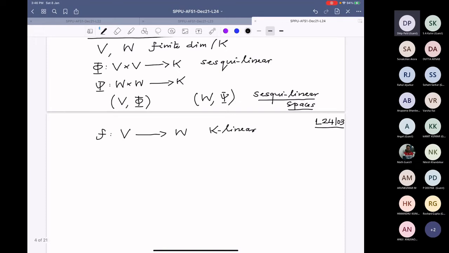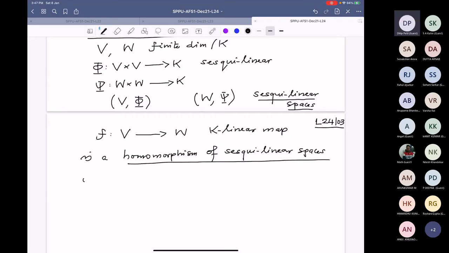So this linear map is said to be compatible, or, let us write a little bit more professional language, is a homomorphism of sesquilinear spaces, if obviously the compatibility, that means what?